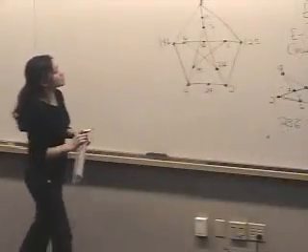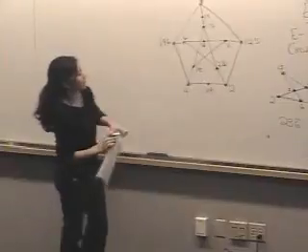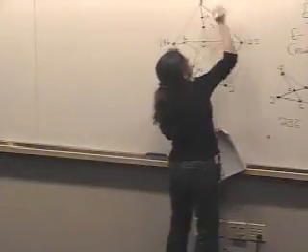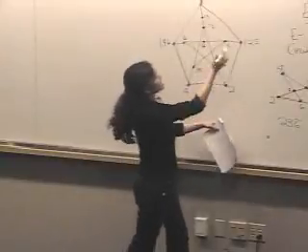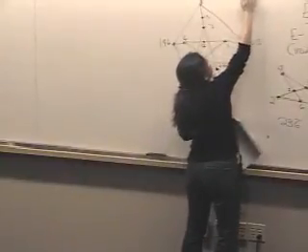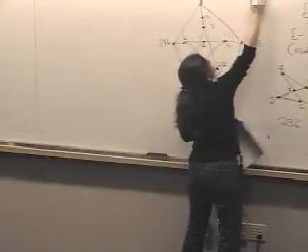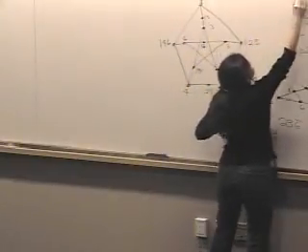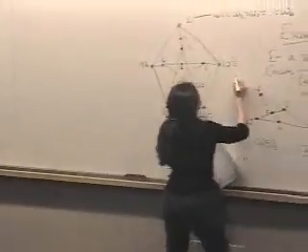And the connection with the weight vectors is as follows. This point 1 represents the set of weight vectors such that omega 1 is less than omega 2 equal to omega 3 equal to ... omega 6.